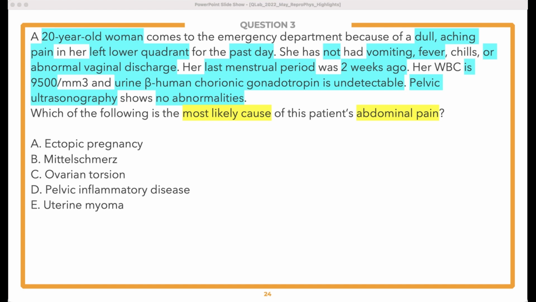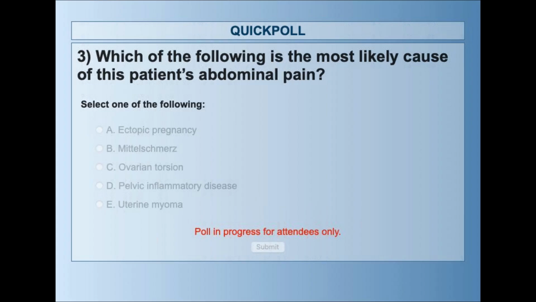Okay, thank you, Pars. So you've got this 20-year-old woman. She's got that dull, aching pain. What is causing that? What is the most likely cause of her pain? Go ahead and take a shot, even if you're not quite sure about it.